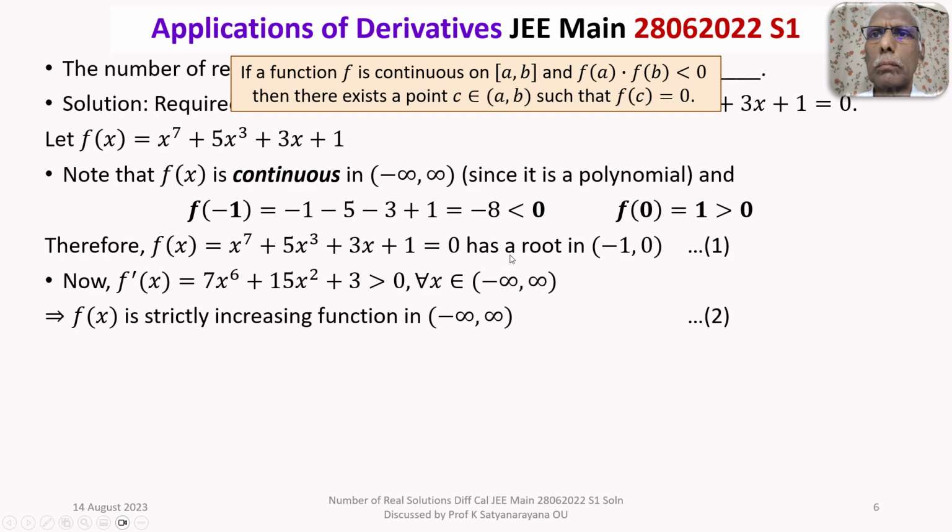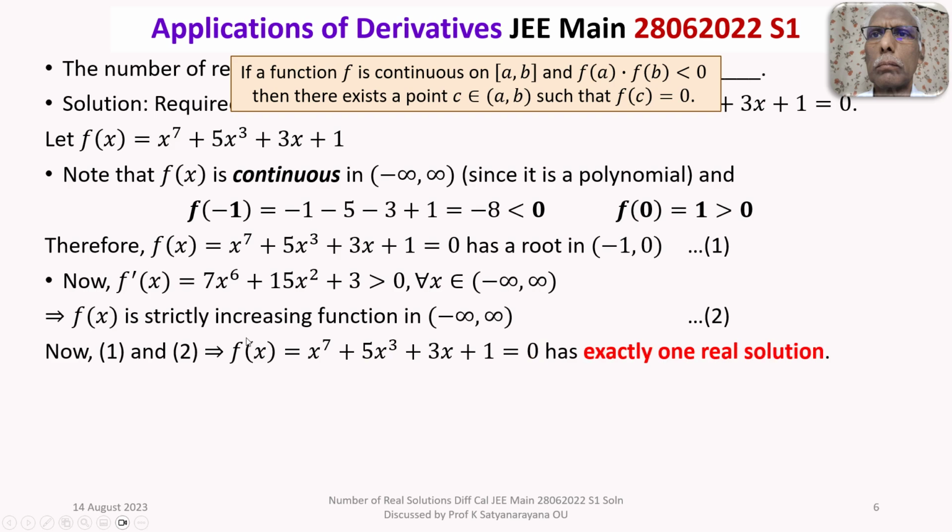The graph of f of x crosses the x-axis somewhere in the open interval minus 1 to 0, so it has a real solution. Because it is strictly increasing, it will not cross again. So it will cross exactly once. Therefore, 1 and 2 imply f of x is equal to 0 has exactly one real solution.